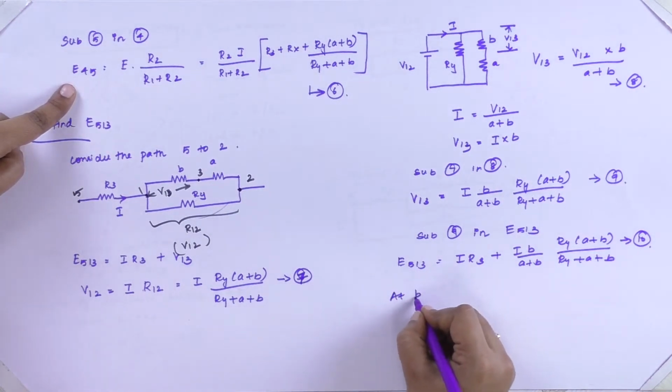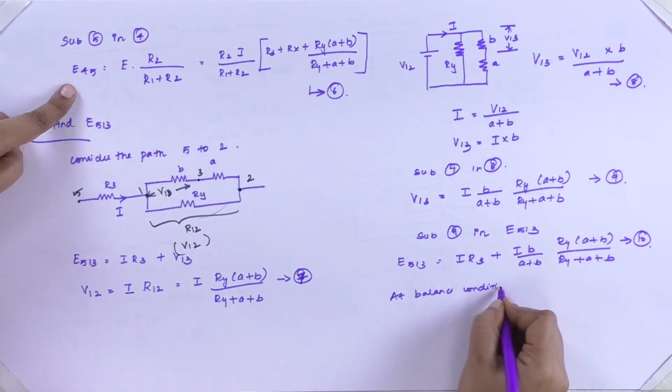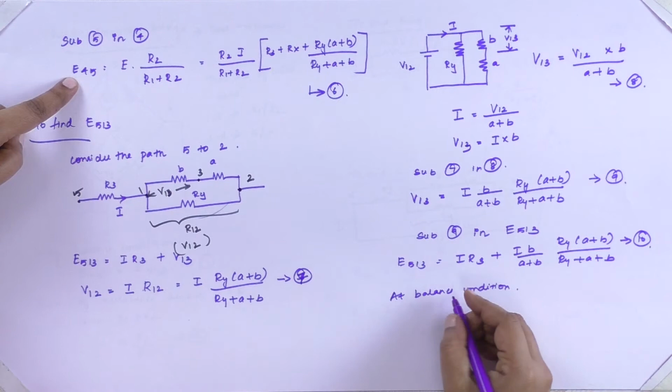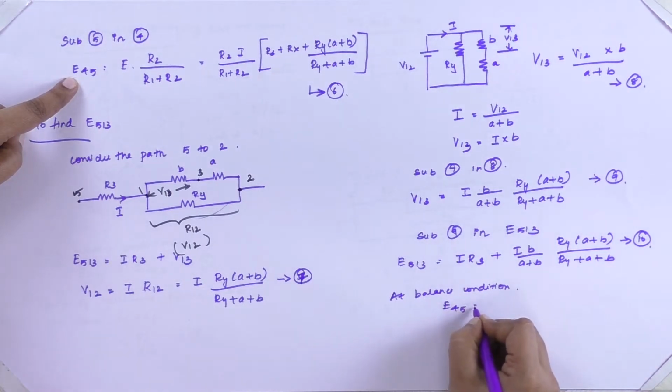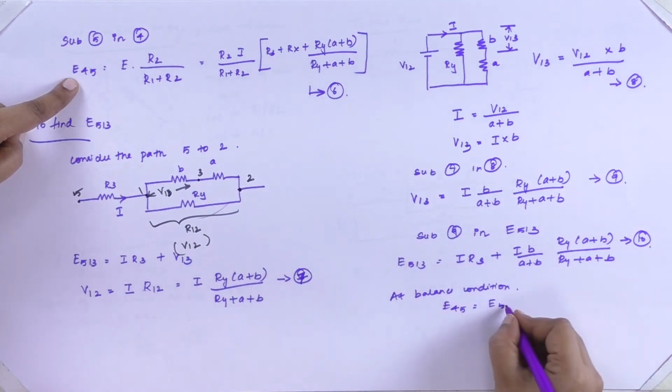So, at balance condition, the value of E45 is equal to E513. So, I am going to equate equations 6 and 10.